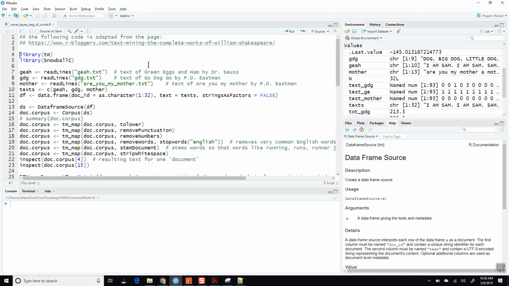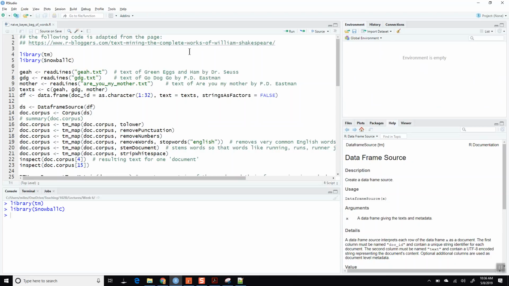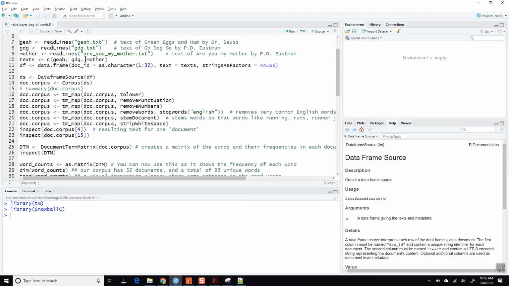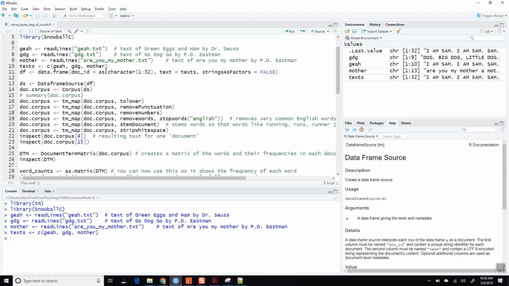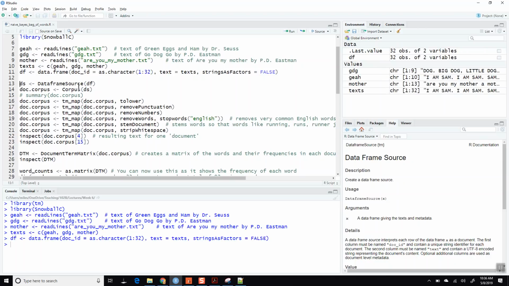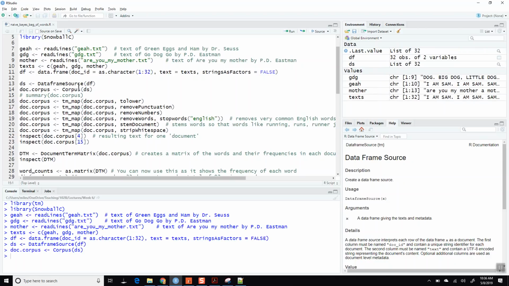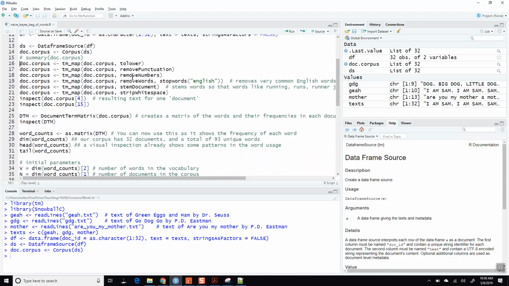So over here, let me clear out my environment. I'm going to load up these packages that help with text mining, and go ahead and read in our data, okay? This is just to put everything together into a data frame, and I create a corpus out of this, okay? And the corpus has a few tools to help everything along.